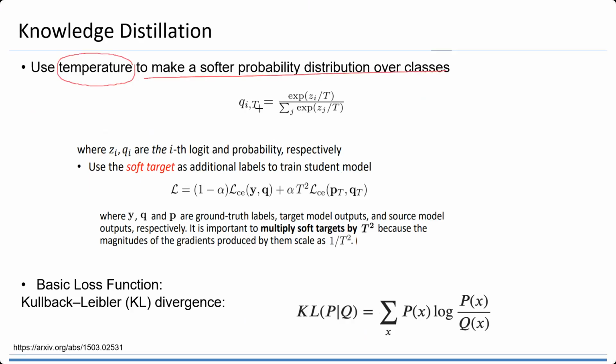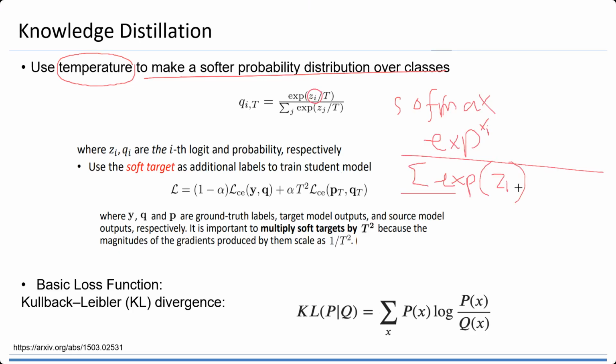If you learned about the softmax from the previous example, the softmax means we have the exponent of z_i divided by the sigma of the exponent of z.